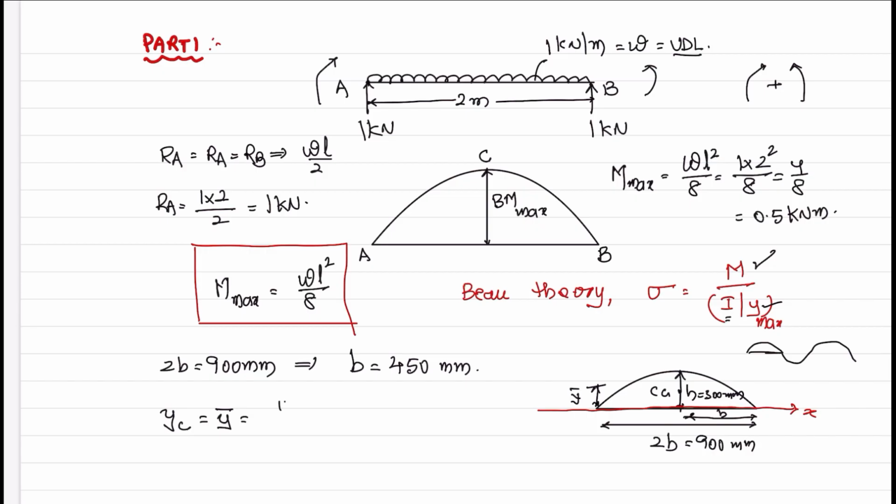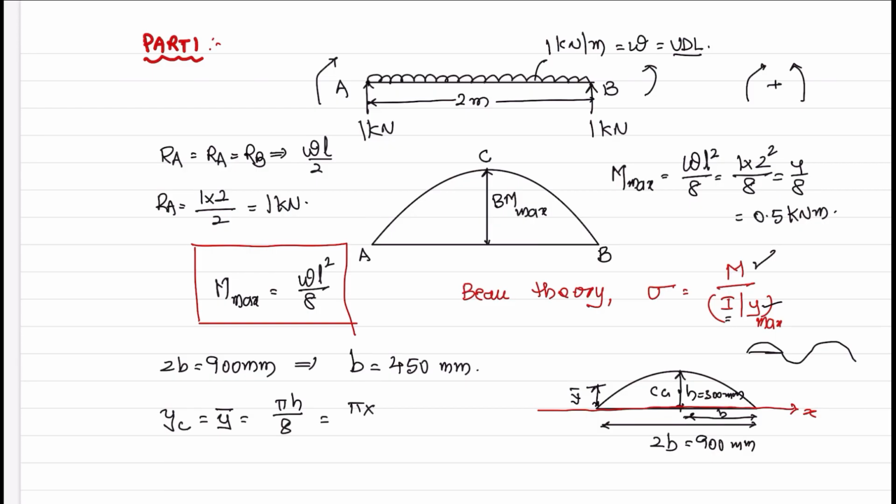Pi h by 8. This is the value which we have derived in our previous lecture on sine wave form shaped beams. Please refer to that lecture and you can understand how y bar or yc has come.